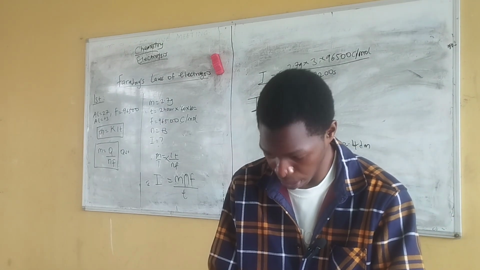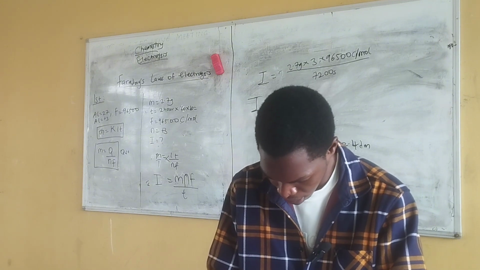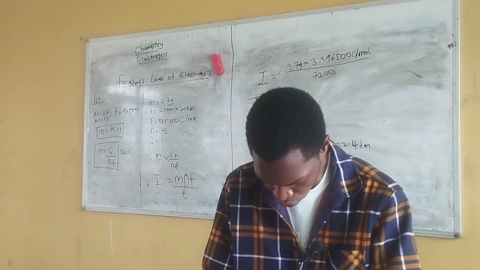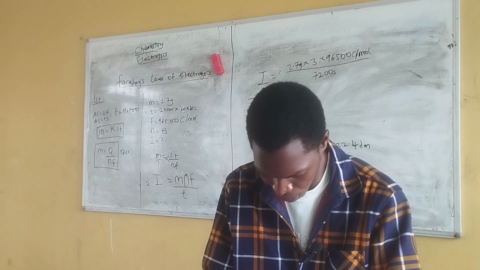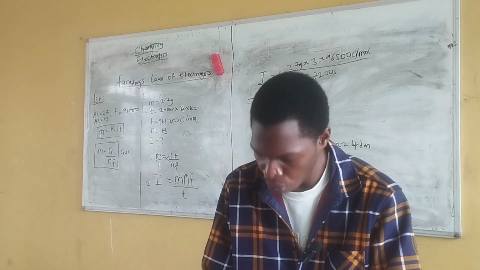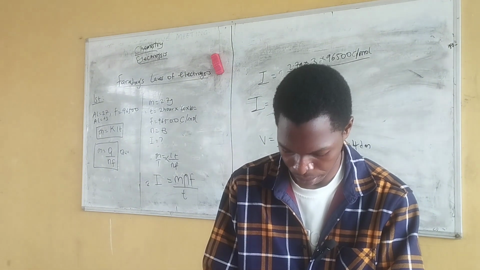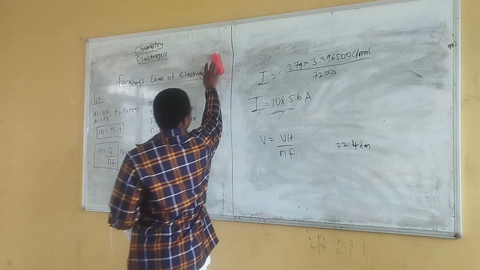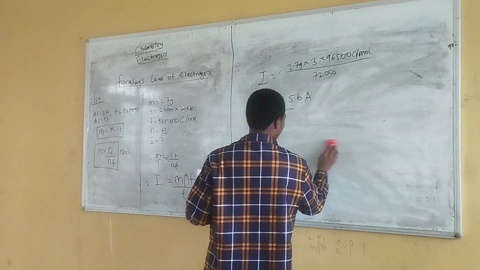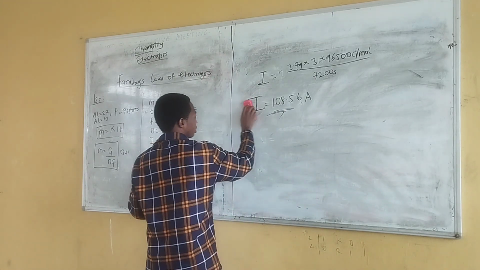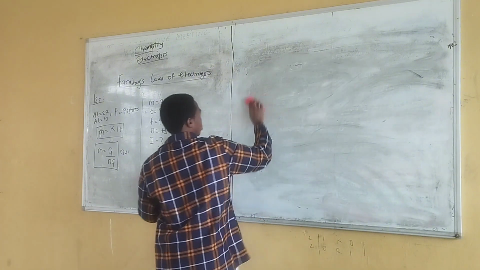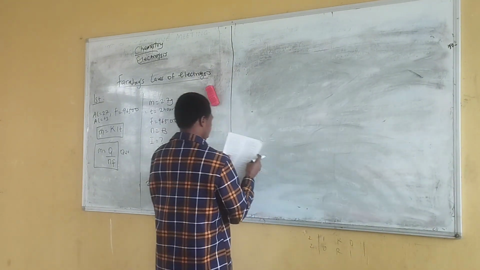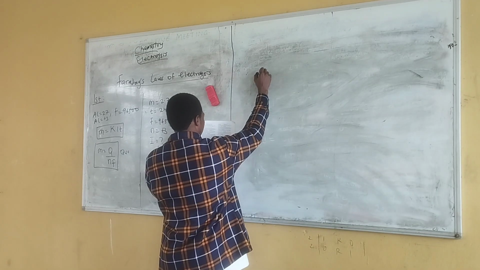Calculate the volume in cm cube of oxygen evolved at STP when a current of 5 ampere is passed through an acidified water for 193 seconds. Now, what I will just be writing out is the parameters.